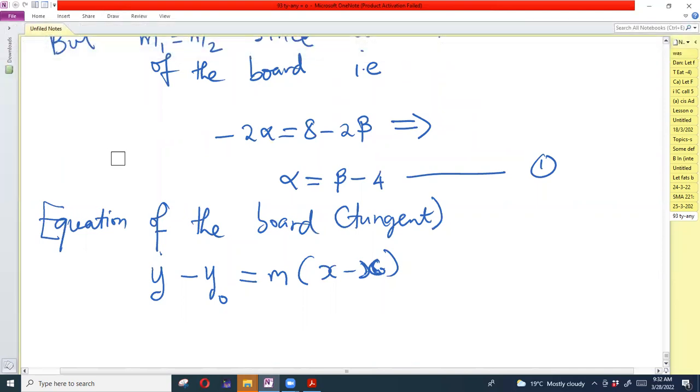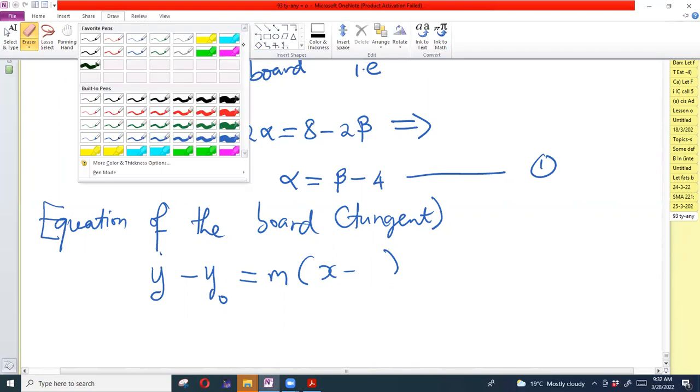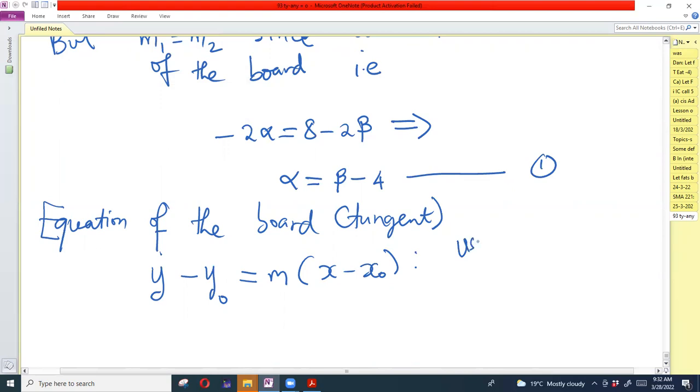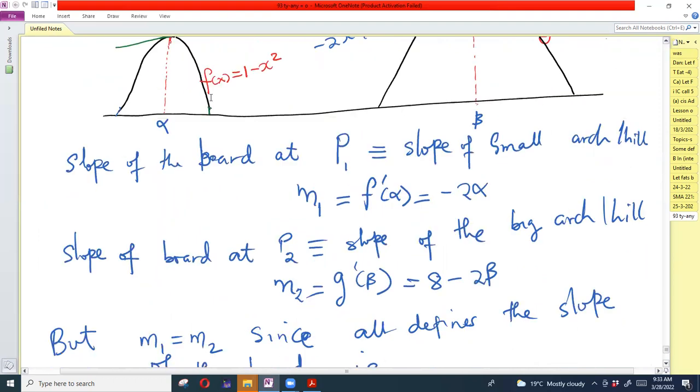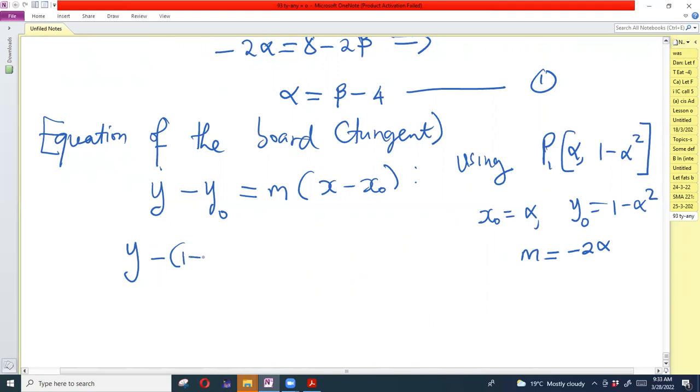If we pick x naught using P1, remember P1 is alpha, comma, 1 minus alpha squared, we'll have y minus y naught, where x naught is alpha and y naught is 1 minus alpha squared, and m is the slope at P1, which is minus 2 alpha. So we get y minus (1 minus alpha squared) equals minus 2 alpha into (x minus alpha). Call this equation 2.